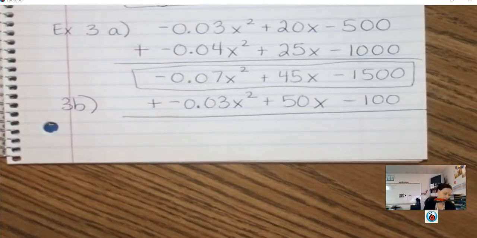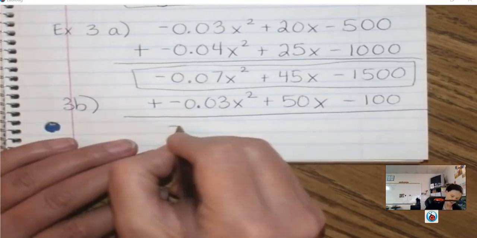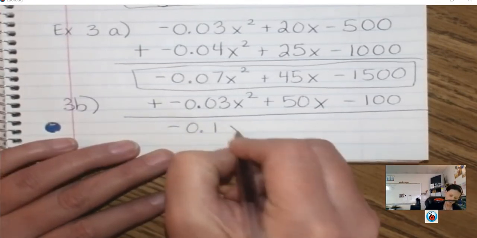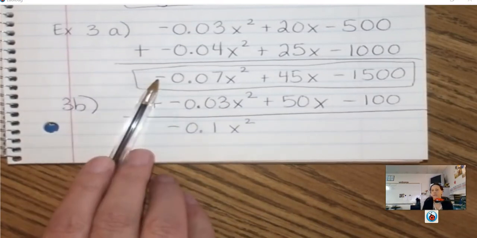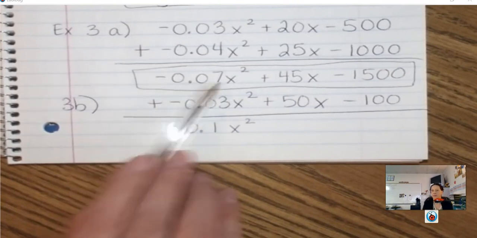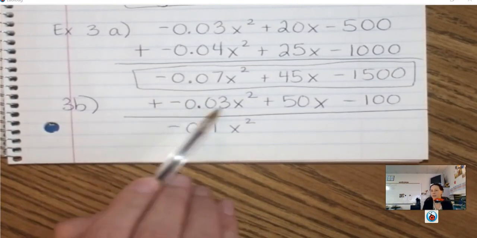So if I have negative 0.07, and then I subtract 0.03, I have negative 0.1 x squareds. Well, you're adding a negative and a negative. So put in negative 0.07 plus negative 0.03.